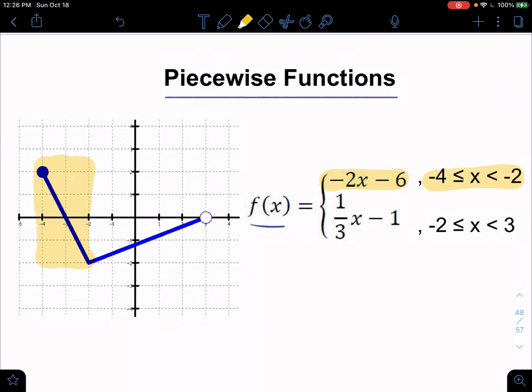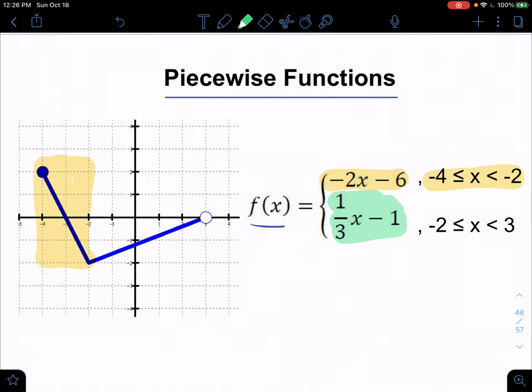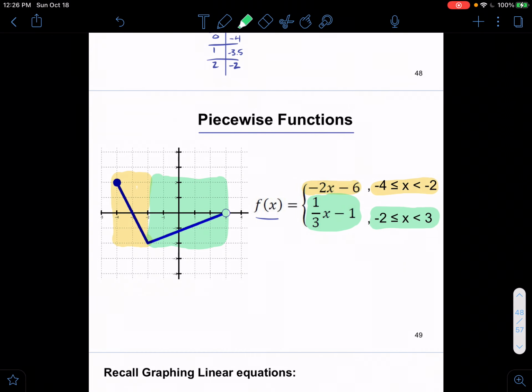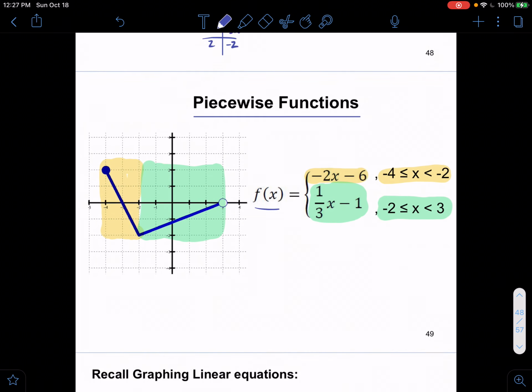The other half of our function, let's call it the green half, is going to reside by this rule, 1/3 x minus 1, and that's in play when x is between negative 2 and 3. So a piecewise function is just made up of pieces. It's a piece from the first, that gold section, and then it's a piece from the green section. That's what a piecewise function ends up being.